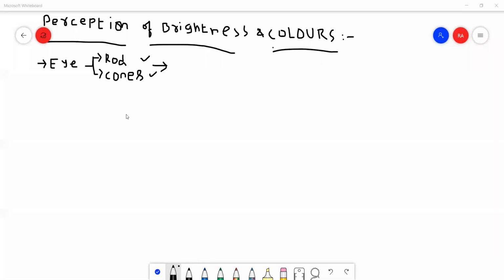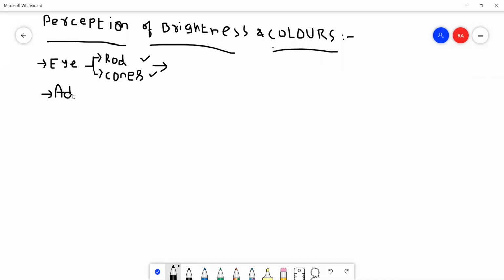For our end examination, they ask a number of times: what is additive mixing?